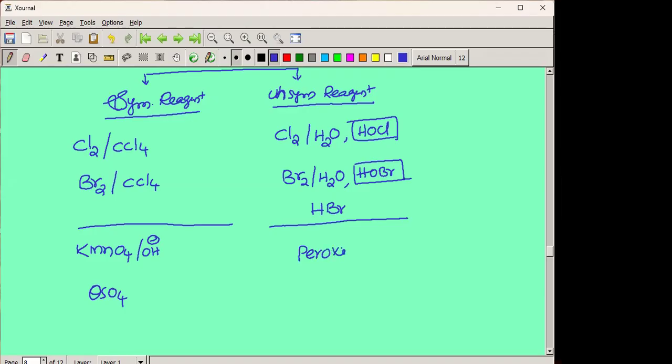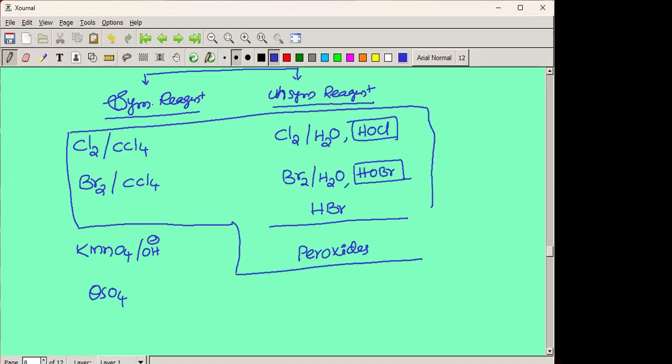peroxides. So these peroxides are taken as unsymmetrical reagents. If we use these groups, which I represent with the bracket, the groups which are used can result in the formation of anti products.